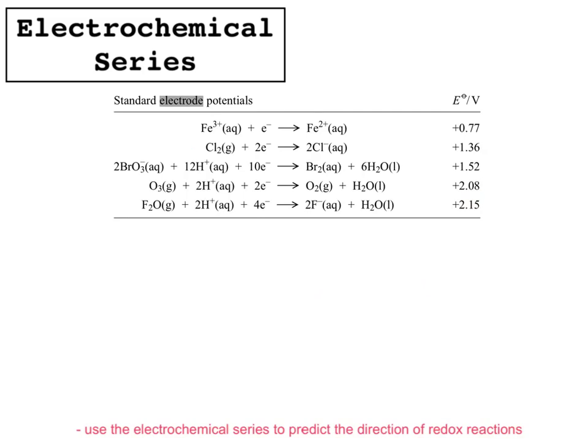If we take the same two reactions, the chlorine electrode and the ozone electrode, and connect those two half cells together, we can use the electropotentials to work out what the reaction would be. We've got to think about which way the electrons would flow.